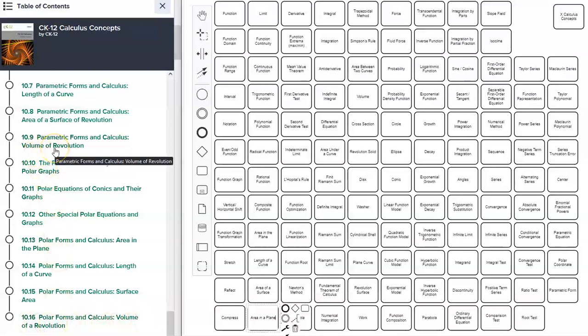Volume of revolution. Revolution solid. So it's coming up so much that I do want to add one more here. We'll call it volume revolution.